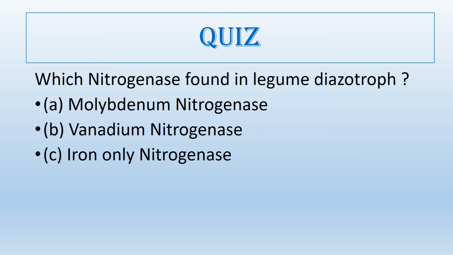So among the options, molybdenum nitrogenase is used by the legume diazotroph to fix nitrogen. So the answer will be the first option. Now here I should also say that cyanobacteria have all these three types of nitrogenases depending upon the type of cyanobacteria we are talking about.